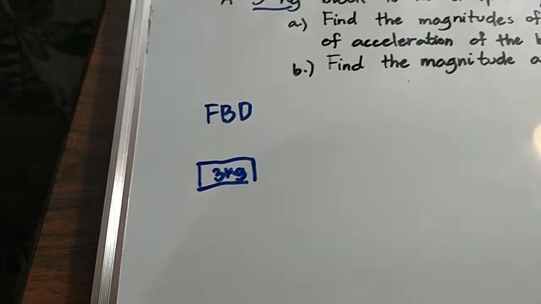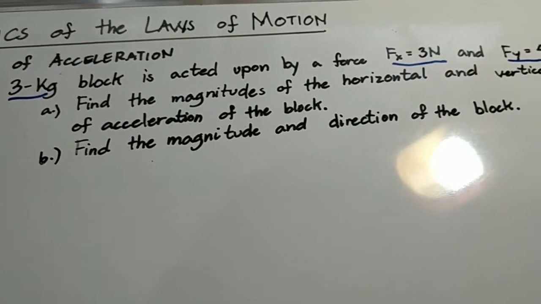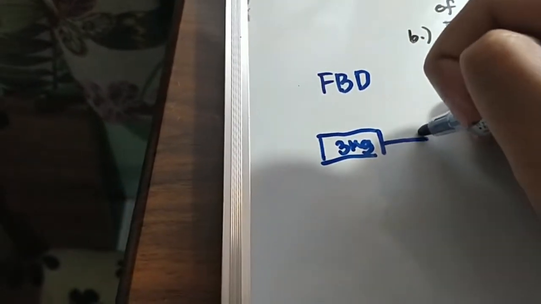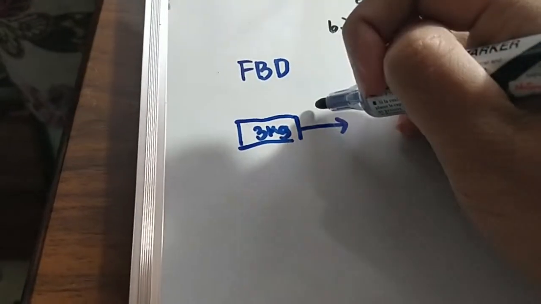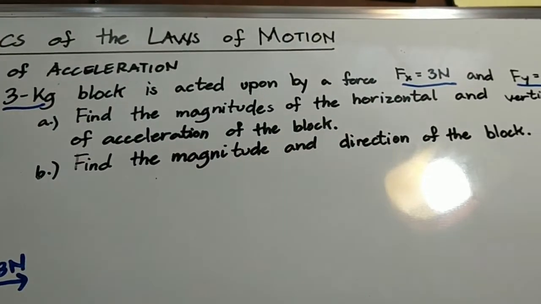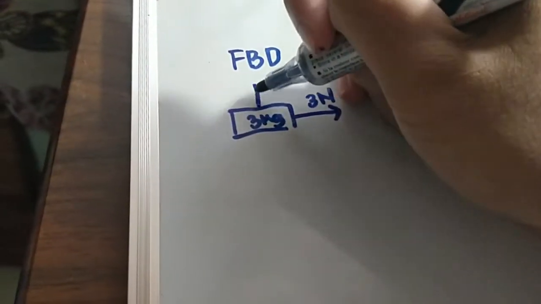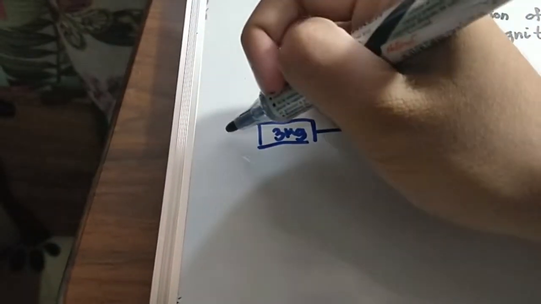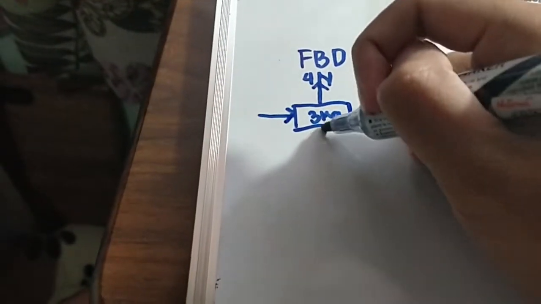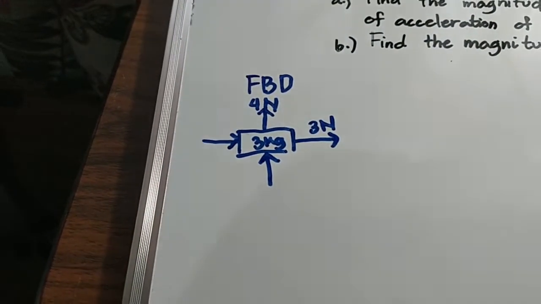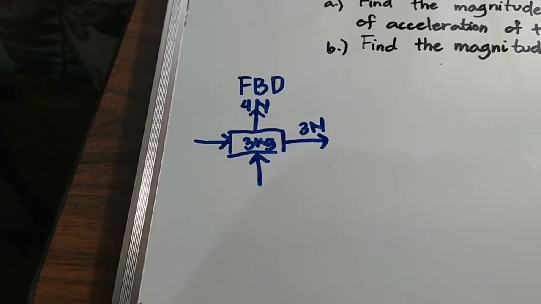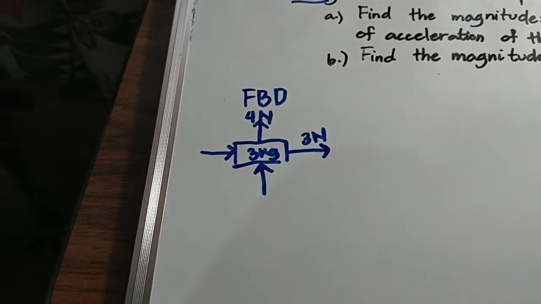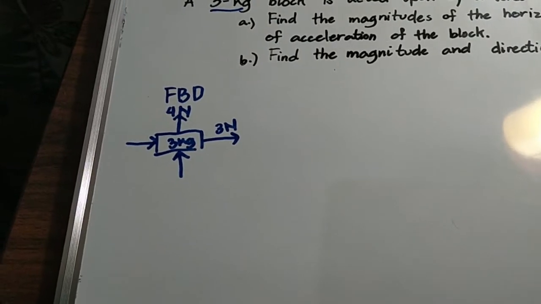Ngayon, yung block daw na yan ay acted upon by na may force na sa x na 3N, positive 3N, and pataas ng 4N. Actually, pwede mo siyang isulat dito. Basta, tama yung iyong direction. Kasi kapag positive siya, meaning pataas. Kapag negative, meaning pababa. Or in terms of x naman, to the right siya kapag positive and to the left kapag negative. Ngayon, yan na yung ating FBD.